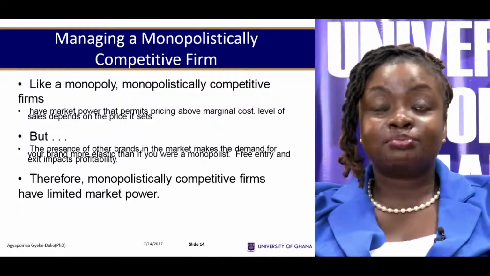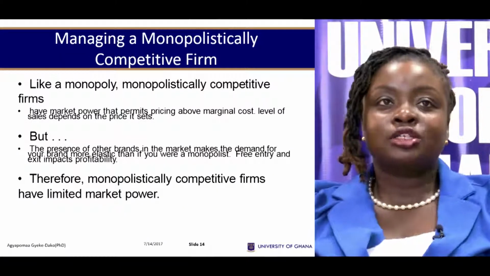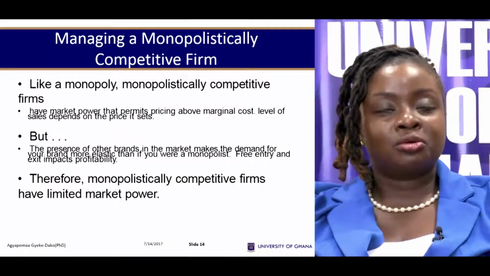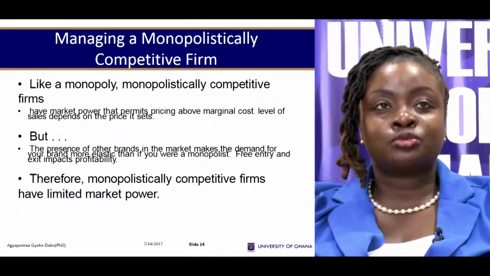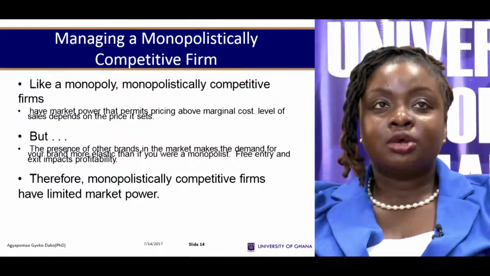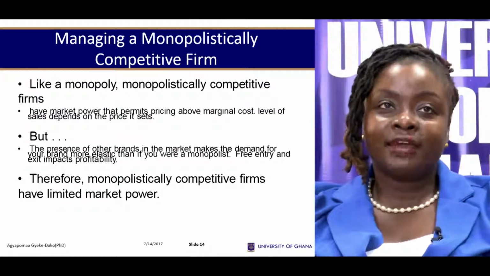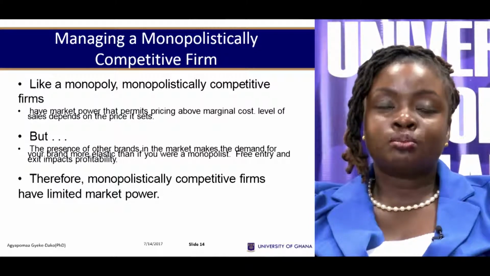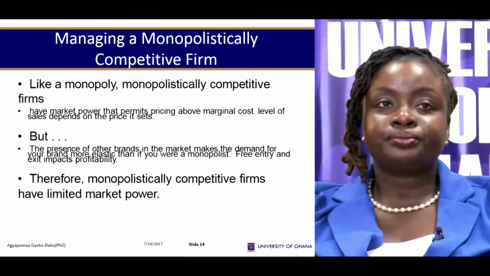They are price makers as well, and so their demand curve, or average revenue curve, is going to be downward sloping, because for people to buy more of their products, they need to reduce their prices, which means that their marginal revenue curve would also be downward sloping, and it will be lower than the price at all times.